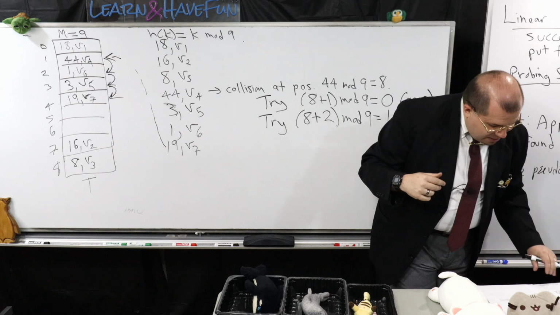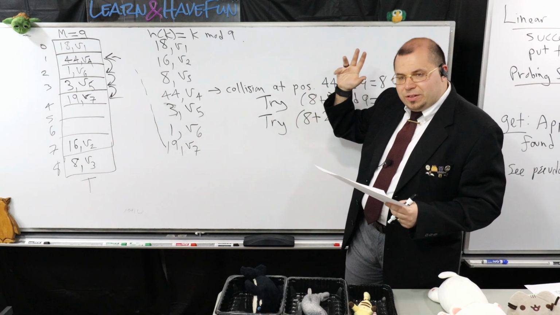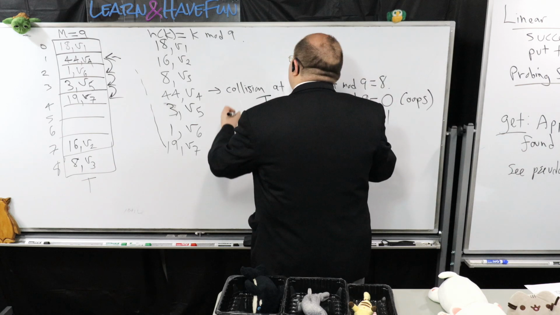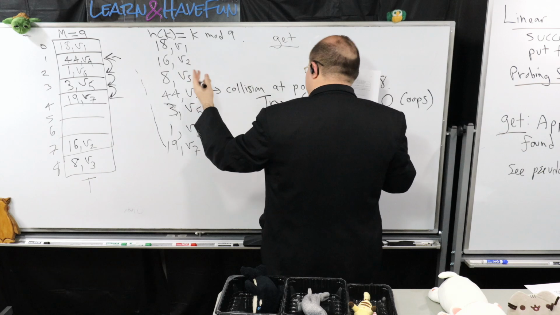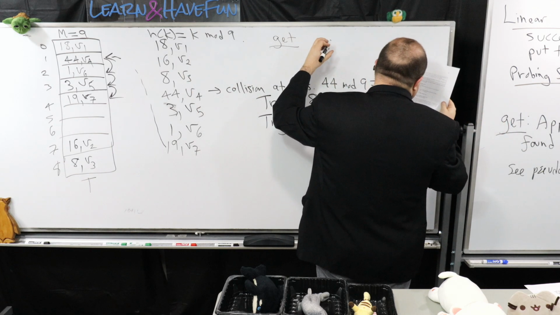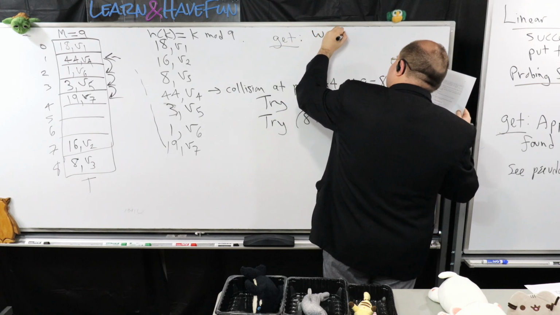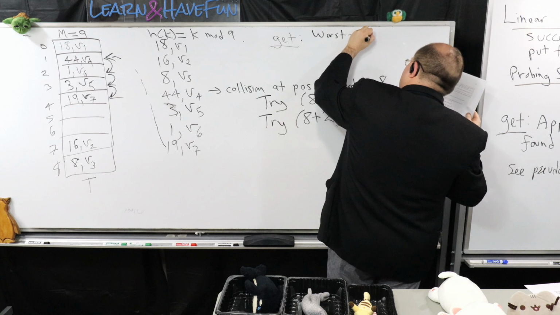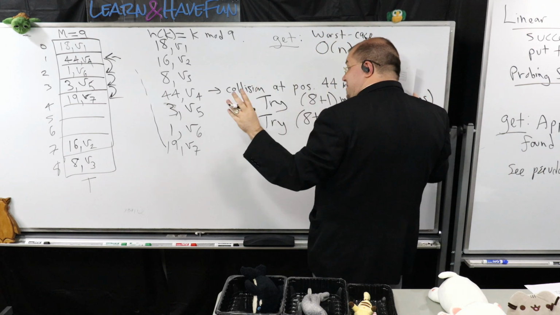The big thing here is that you can go through the analysis just like we did if you take a look at the pseudocode. So if we think about get, for example, if you take a look at that pseudocode, I'll have the full analysis there. You'll see that in the worst case, you'll again get big O of n because of the reasons we've just discussed.